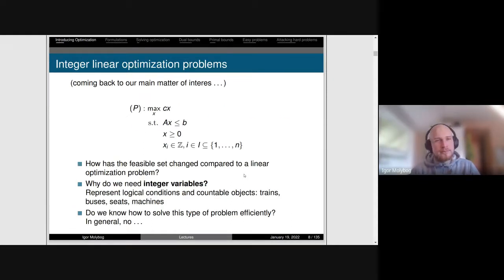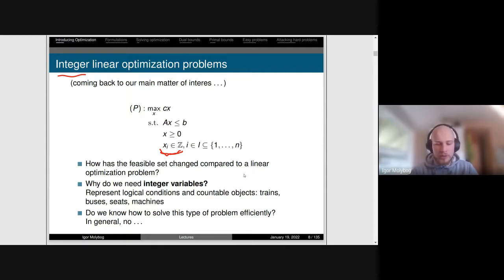Okay, so let's talk about now the integer linear optimization problem. Generally speaking, nothing restricts us from just adding an integer constraint of this form, for example, into the general optimization problem, where we have f0 and fi's, but that problem is actually quite complicated, and it's not too much different from the linear case.